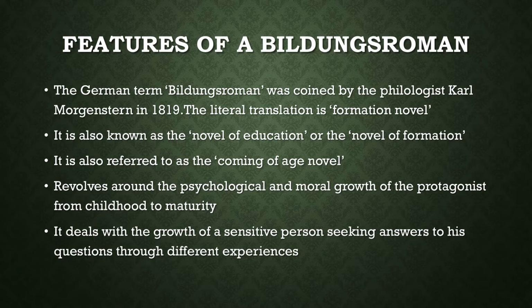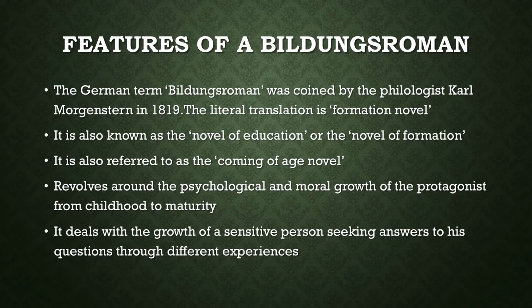As I mentioned just now, how does it lead to the formation of a character, or how does it educate a character? When we read a Bildungsroman novel, we find that the entire plot, as well as the events, revolve around the psychological and moral growth of the protagonist from childhood to maturity.